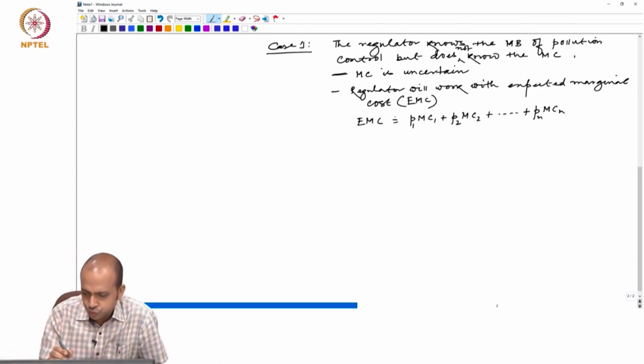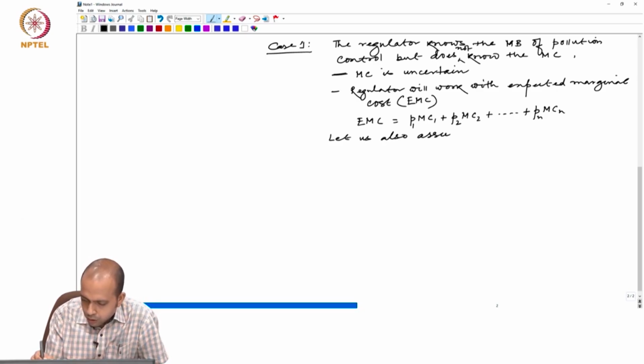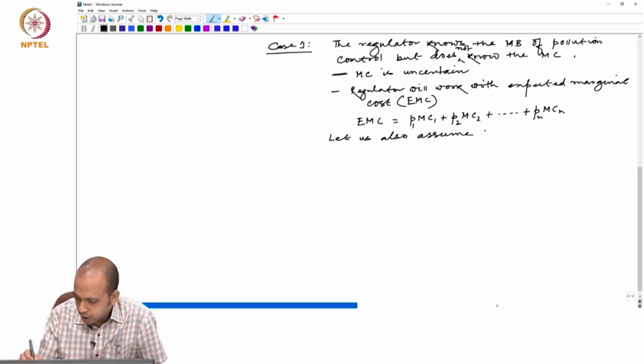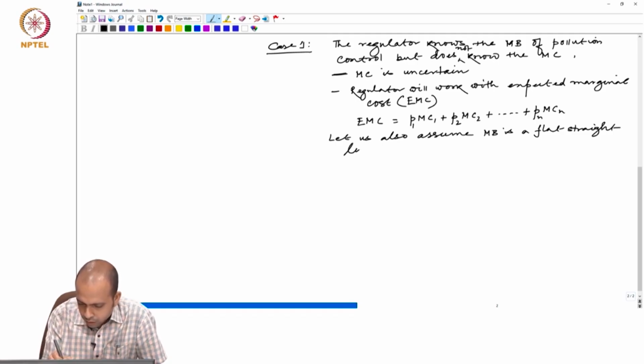Let us also assume MB is a flat straight line. So this is the case.